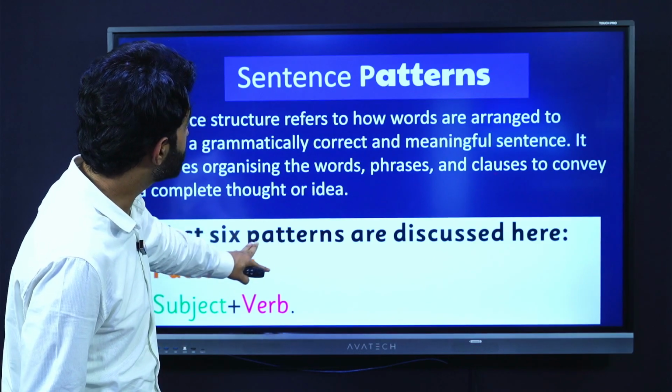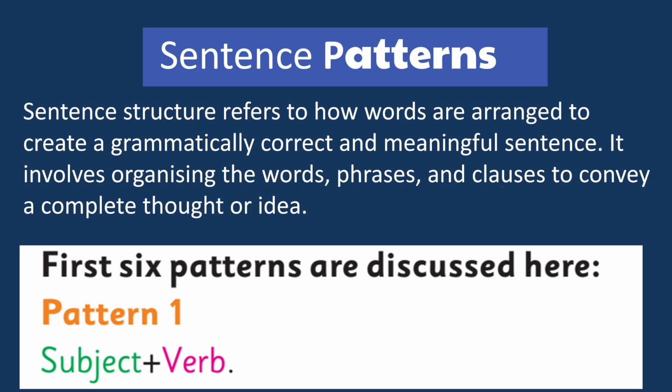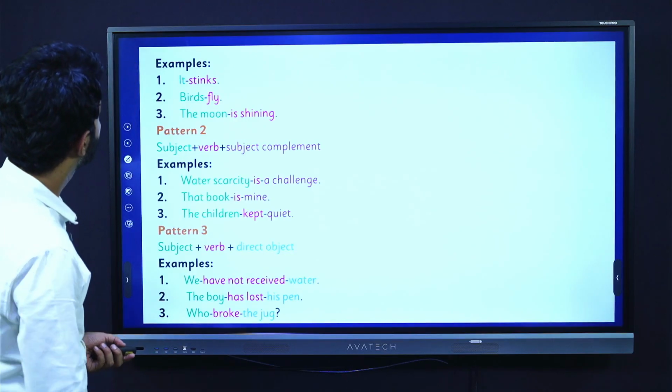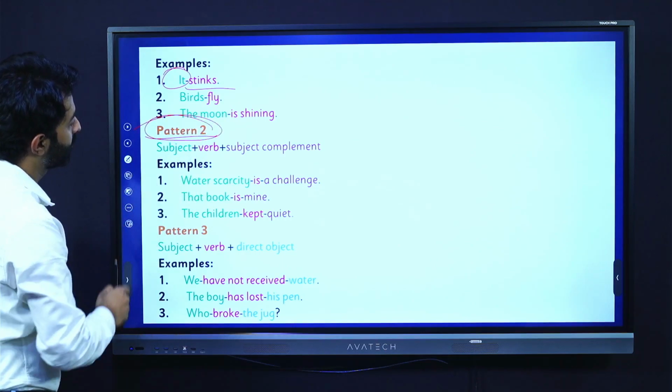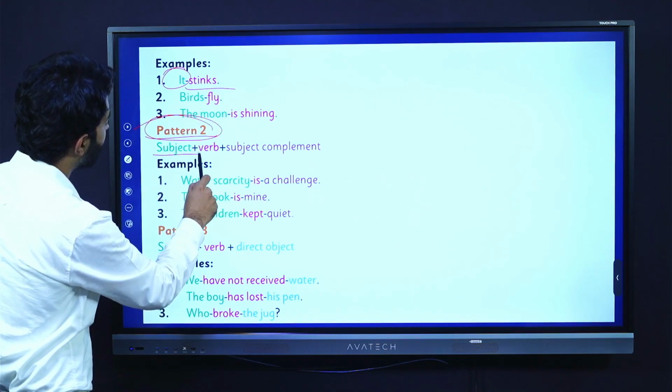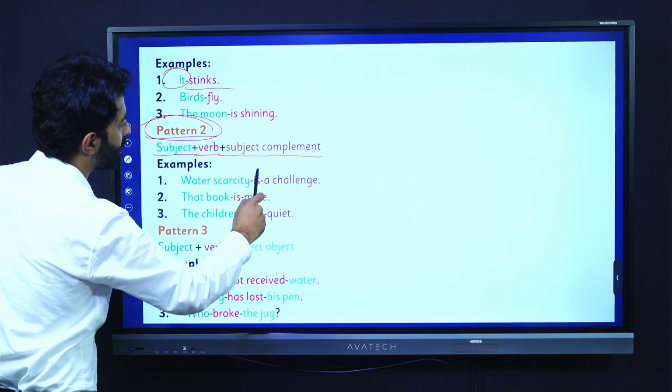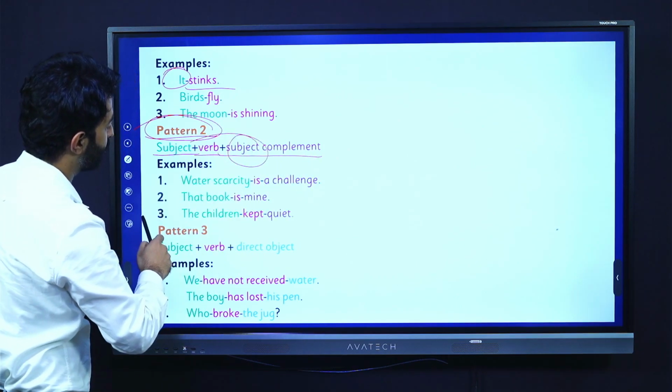So if we just recall the sentence patterns that we have discussed in the previous unit, pattern 1 was subject plus verb. Simple. Subject and verb. Pattern 2 क्या था? Subject, verb and complement. What complement? Subject complement.